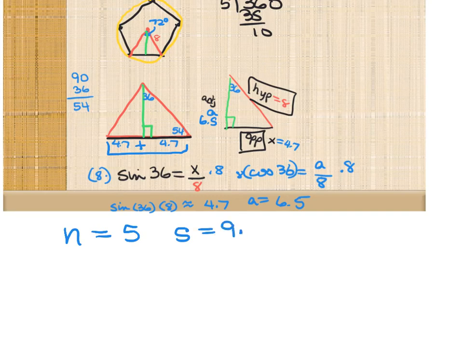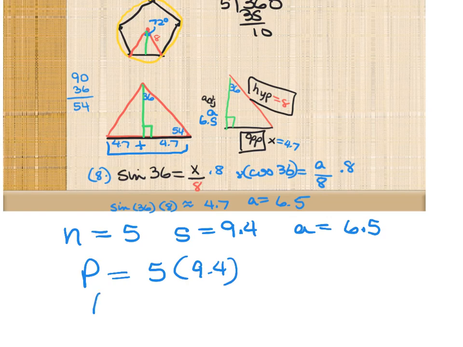So my side length is 9.4, and my apothem is 6.5. For perimeter, number of sides times the side length. So 5 times 9.4, and I get 47 units.